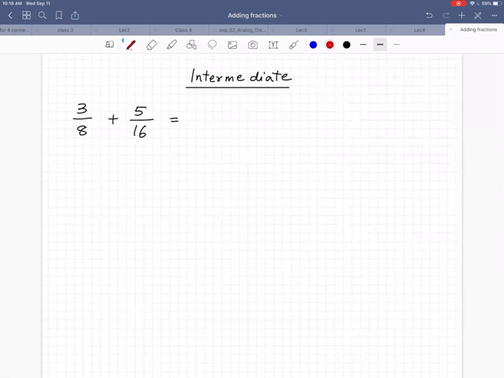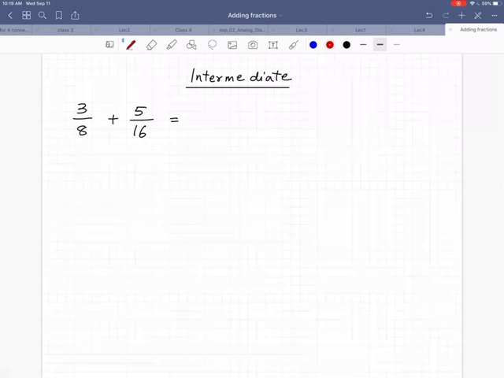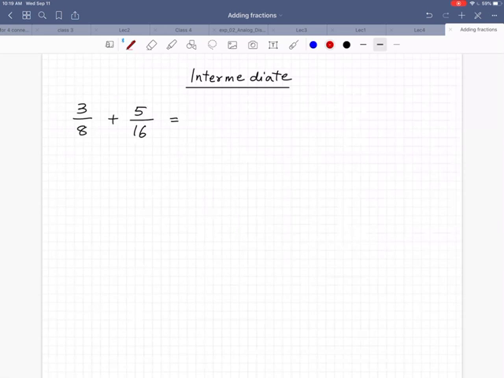So what I can do is, for the first fraction, I can make the denominator 16 by multiplying it by 2. However, if I multiply the denominator by 2, in order for you to have the same fraction value, you will also have to multiply the numerator by 2. So let's multiply the numerator by 2 and the denominator by 2 as well.